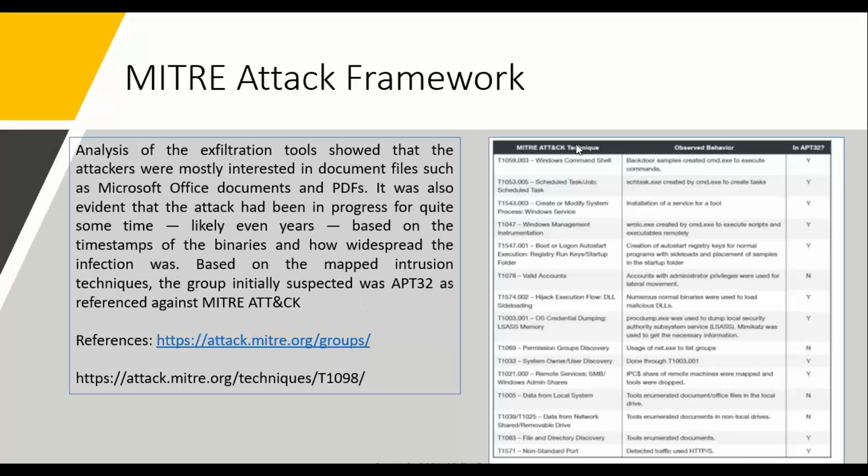So you can go through this site. This is not a MITRE ATT&CK webinar, so I will do that separately, but here I'm just giving a glimpse of how MITRE ATT&CK is helpful in identifying APT attacks.